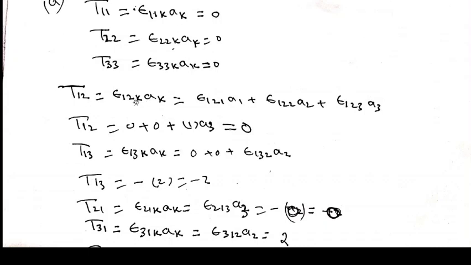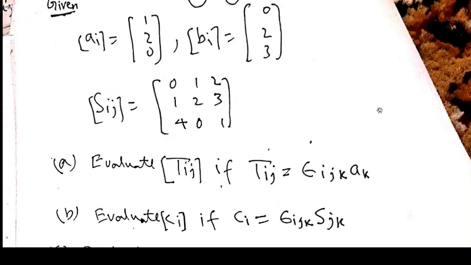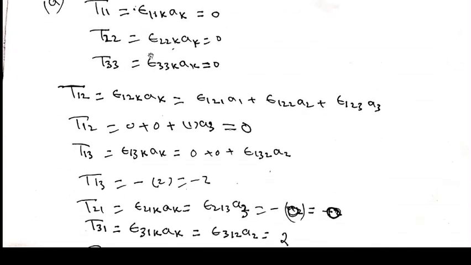Similarly T12, I have written 2 terms, 121, 122 plus 123. These 2 terms are 0, and this will be 123 is plus 1, and A3 is given here. A3 is 0. So T12 is 0.